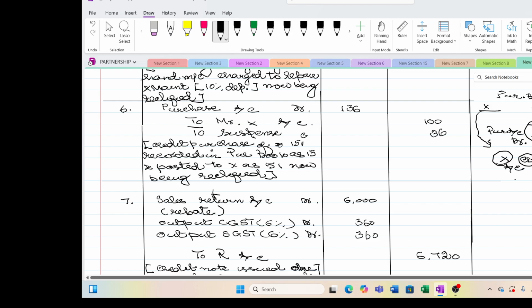So now when this goes to your trial balance, what happens? See here. On the debit side, purchases account will appear as 15. Okay. And X account will appear as 51. So when you total the trial balance, what happened? The credit side is more. Let me take it that the trial balance has no other items, only these two items. So on the credit side the total is 51, whereas the total of the debit side is 15.